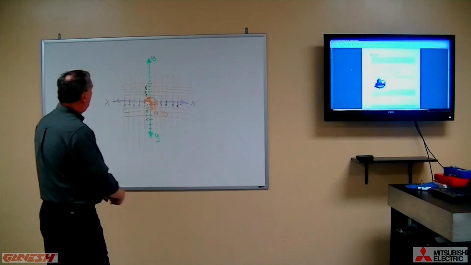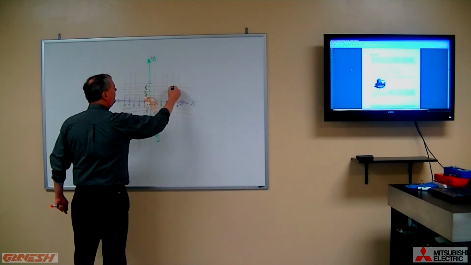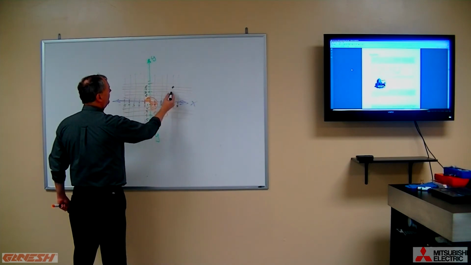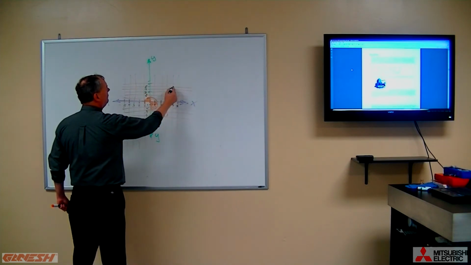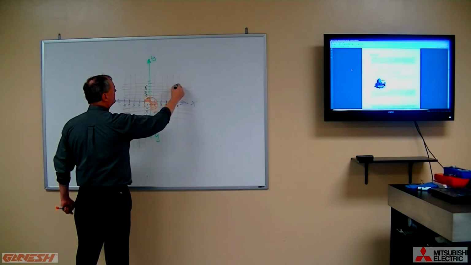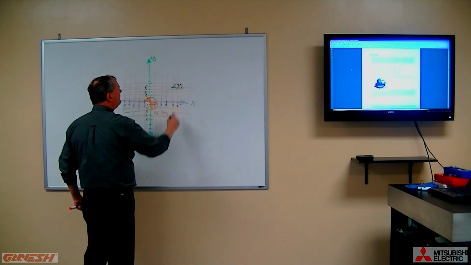Now, if we say, all right, I have a point, and it lives right here. This point is 4 units out in x, and 5 units up in y. This point is said to be located at x of 4 units, and y of 5 units.